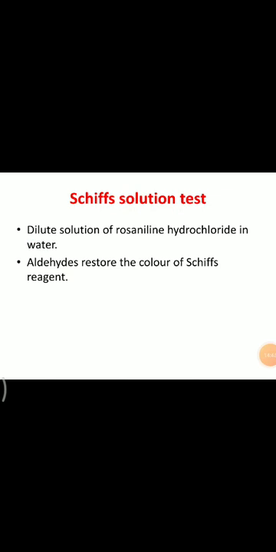Coming to the analysis of aldehydes, let us see the reactions. First of all, this is the Schiff solution test. Schiff's reagent is a dilute solution of rosaniline hydrochloride in water.